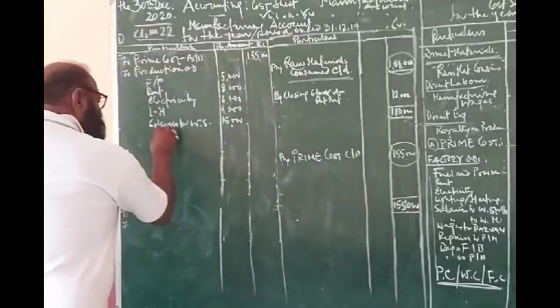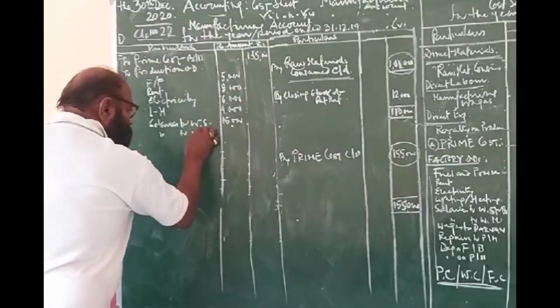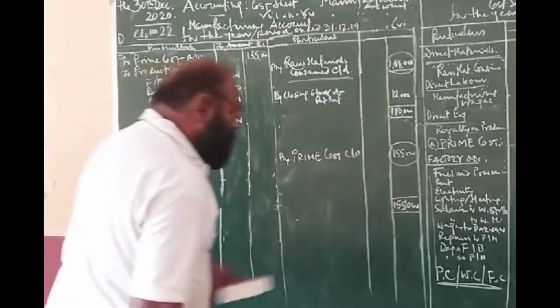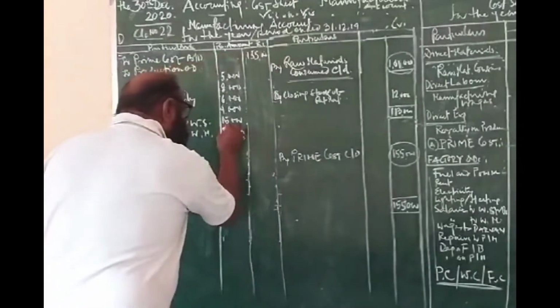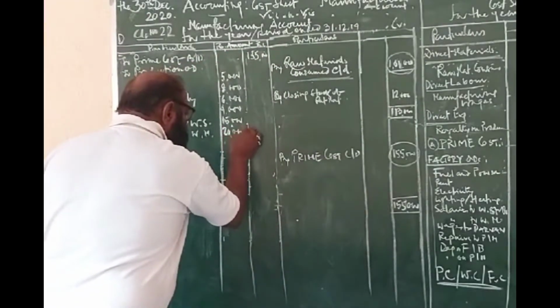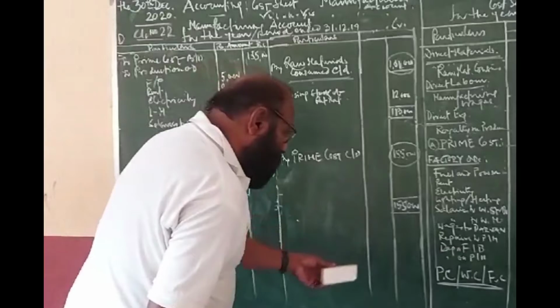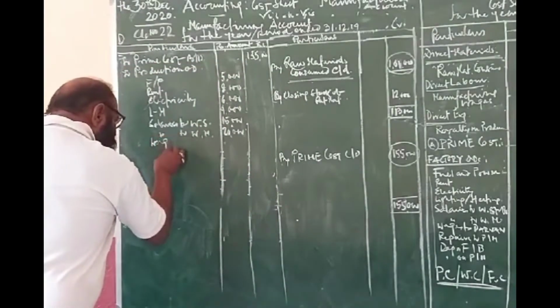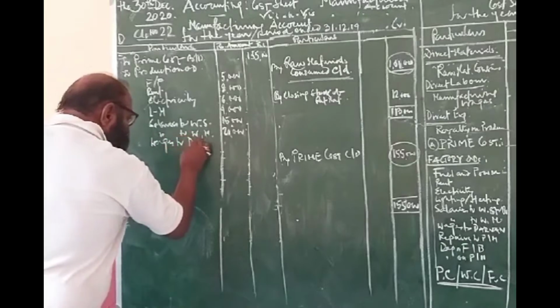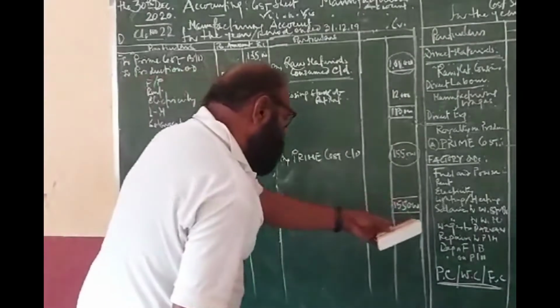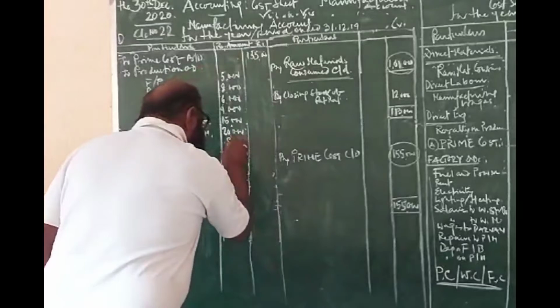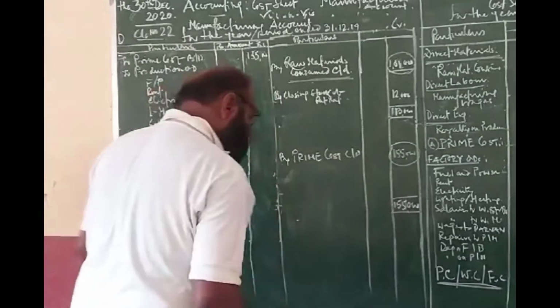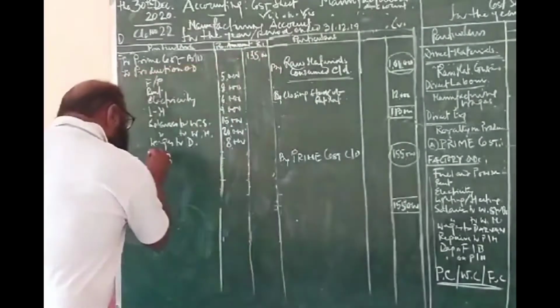Salaries to works manager, it is 20,000. Then wages to Darwan, which is 8,000.